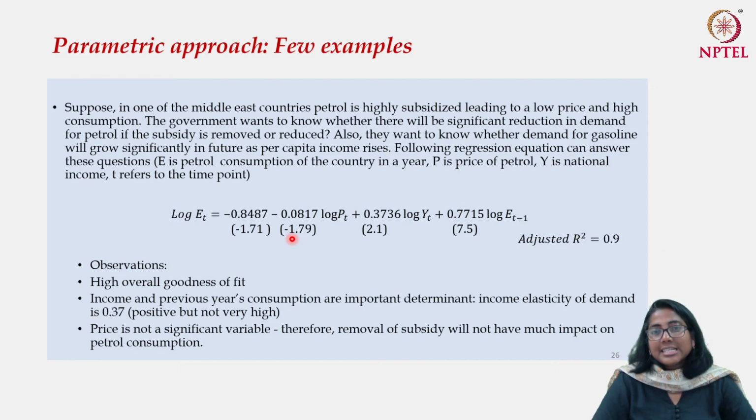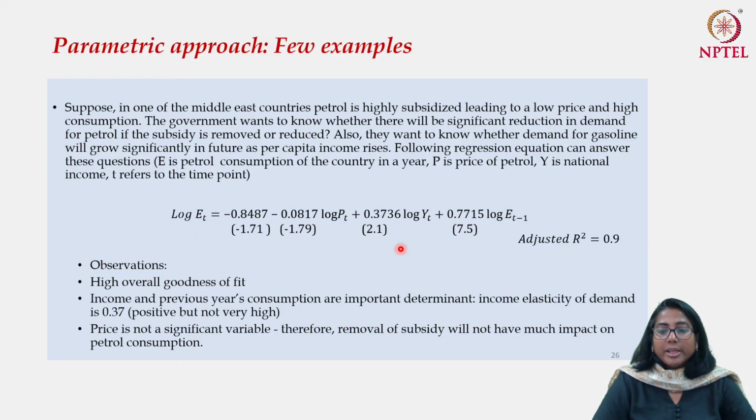So even if you change the subsidy policy, even if you remove the subsidy and the price is increased, it's unlikely to have a great impact on demand. So if you want to reduce the demand of gasoline in this particular country, removal of subsidy or changing the price is not going to give you the result.